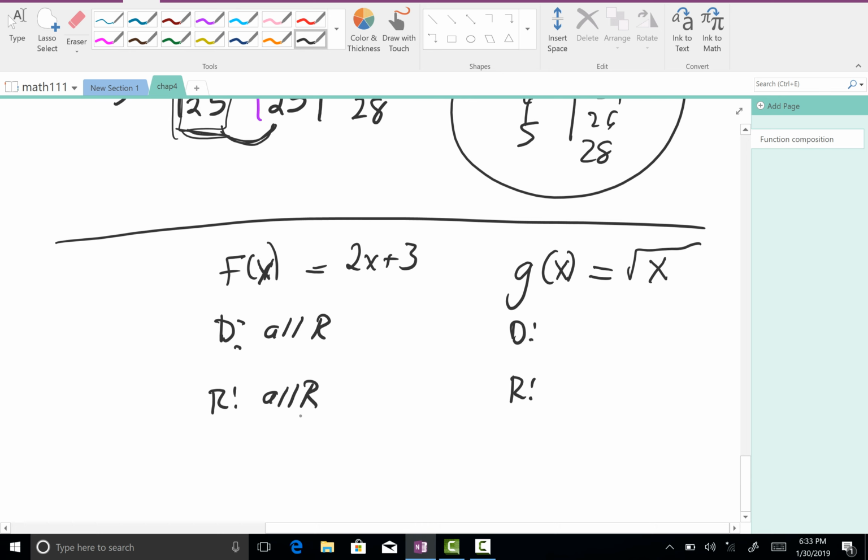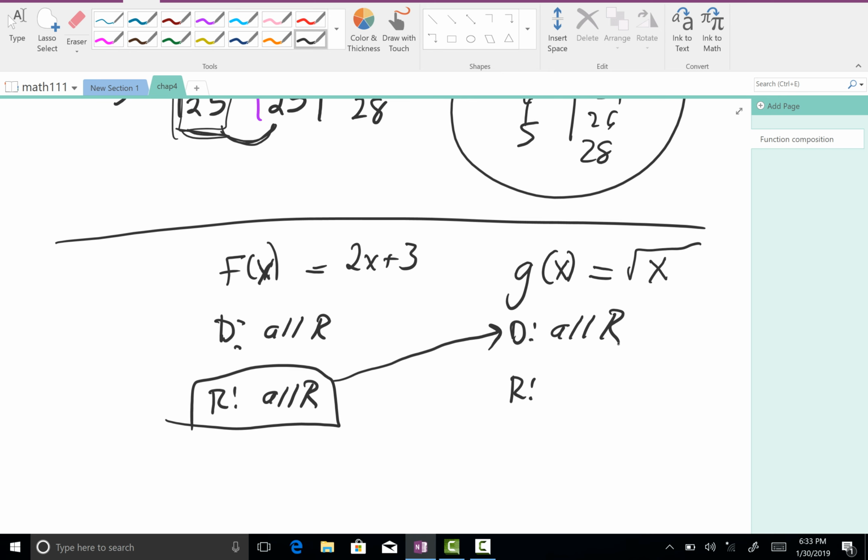Okay. So, we're going to do function composition. G of f. So, this is my output now. It becomes the input over here. Does that work? No. Why not?